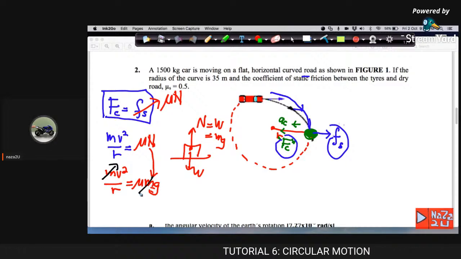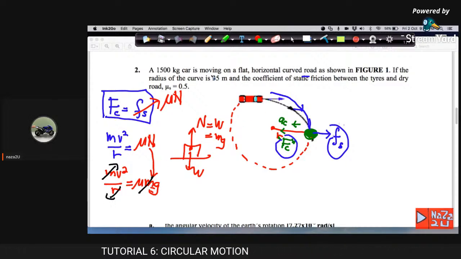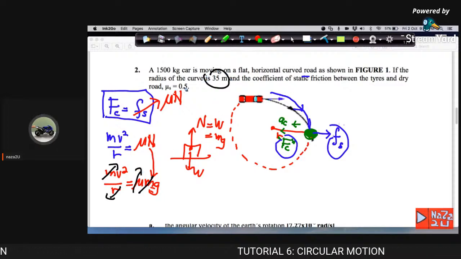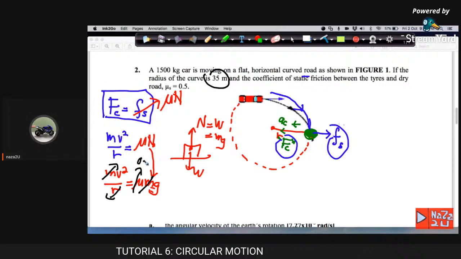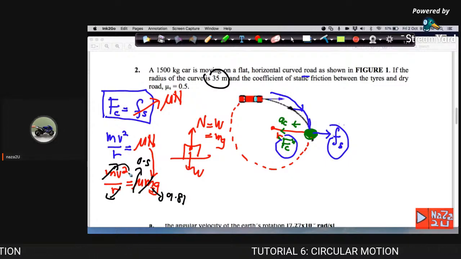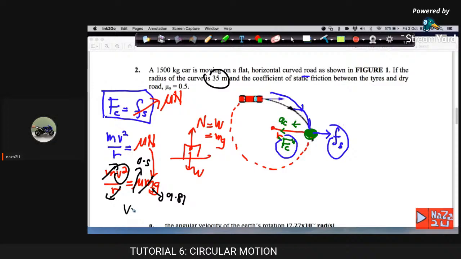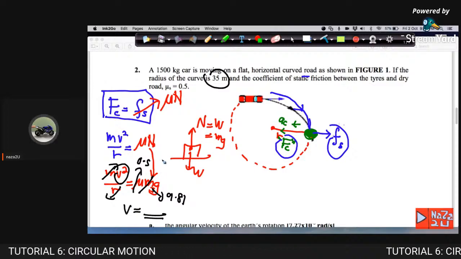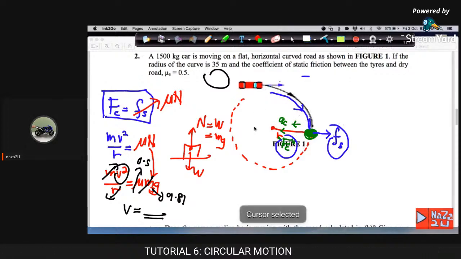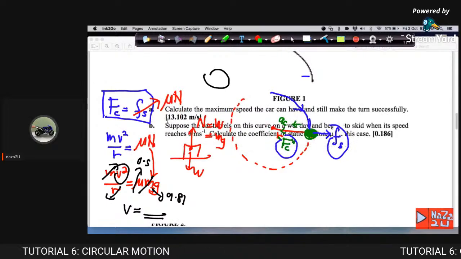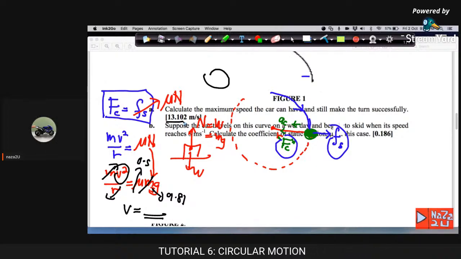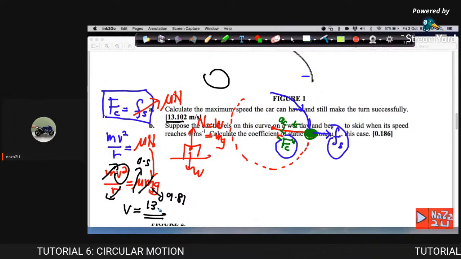This cancels. The radius is given by the question as 35 meter radius, and mu is given as 0.5, and g is the constant 9.81 meter per second squared. So you can find the value of the v here. If I refer to the answer given by the question, the v here is 30.102 meter per second. So I think this is a correct answer.